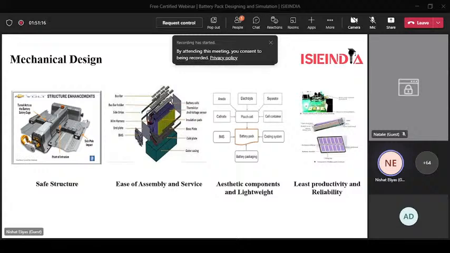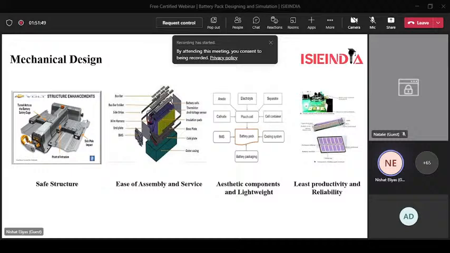In such cases, a robust structure with ease of assembly and service is needed. If there is any damage inside the battery pack, if there is any cell which is not performing well or is completely decomposed, there must be such a design that we can easily replace those cells, easily service the battery pack, and easily remove any component which is not working or not performing well.